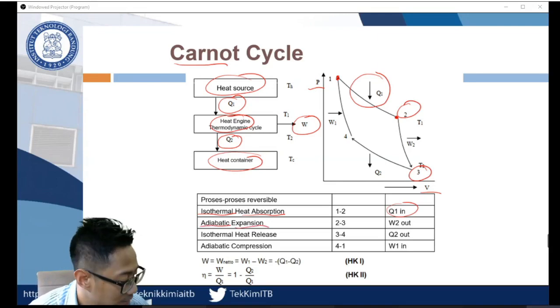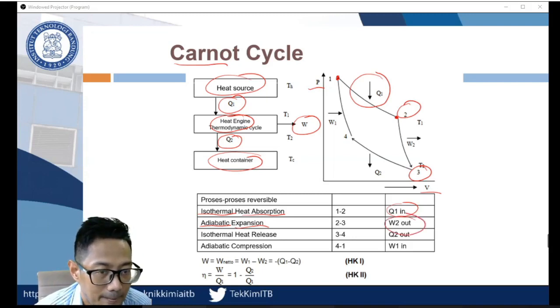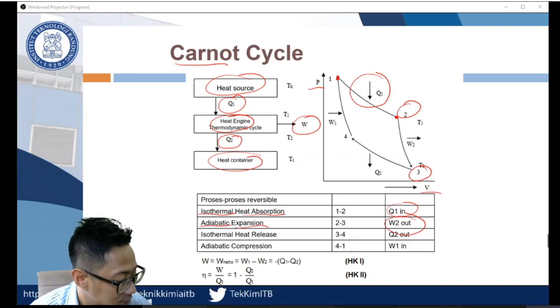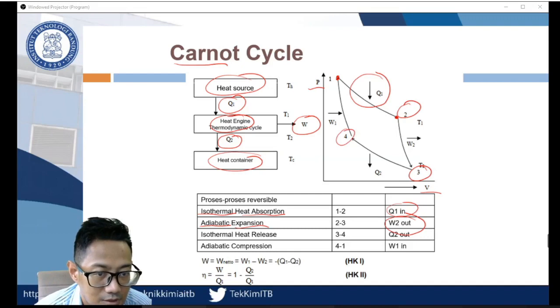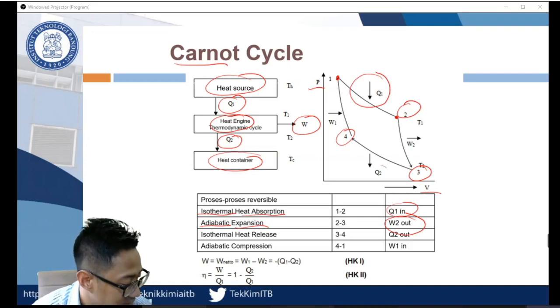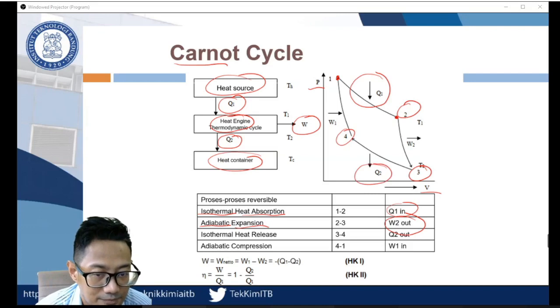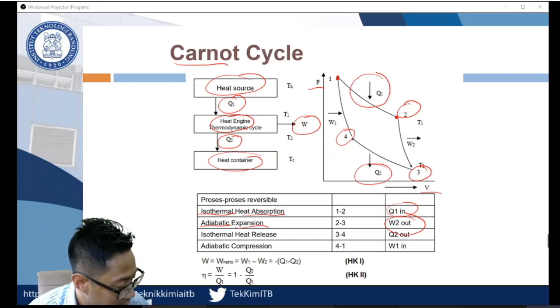Remember, expansion means the system will produce work. The next point is from state 3 to state 4. Again, another isothermal process. The volume decreasing, the heat release. So that's why we put here as isothermal heat release.